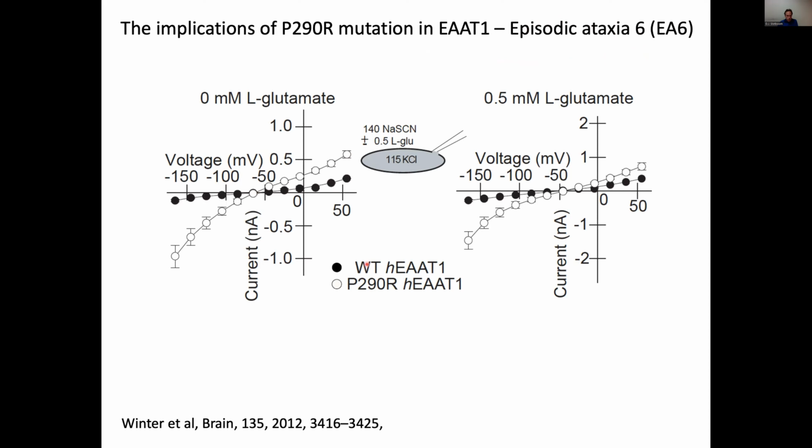What you can see in these graphs, from a paper from 2012, is that the anion conductance in this mutant protein is much larger than in the wild-type protein. In the mutant, the open symbols, it's much larger than in the wild-type protein, the closed symbols. And also, which you cannot see here, the transport activity of glutamate is lower. So higher anion conductance, lower coupled transport activity.